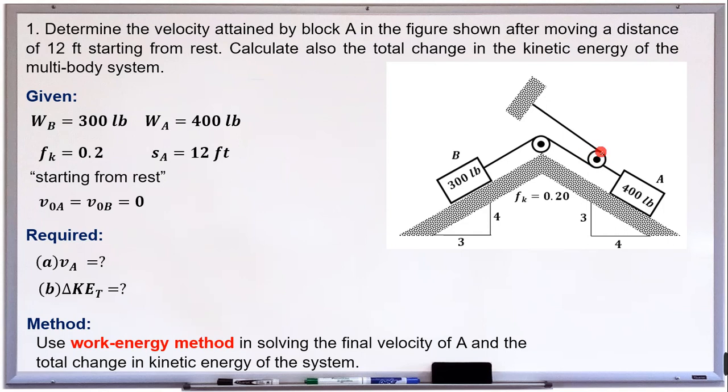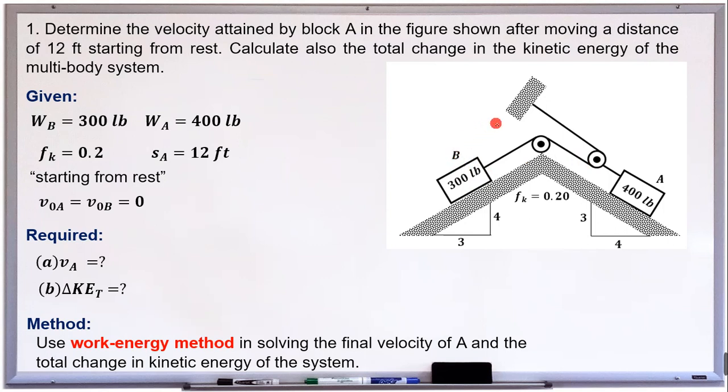And since we have a compound pulley connection right here, the horizontal force of block A will be split, or divided into two. So it will be less than the horizontal component that is being generated on block B.